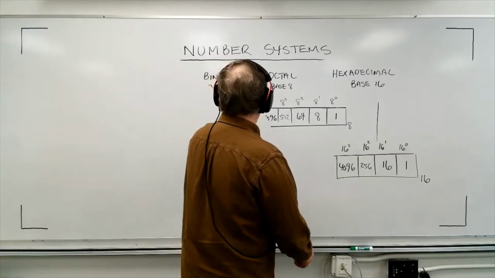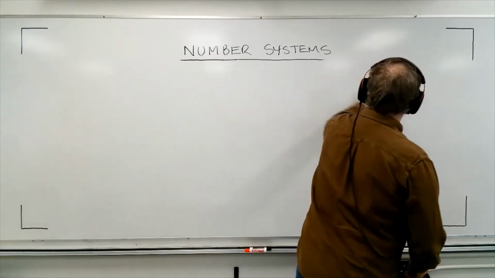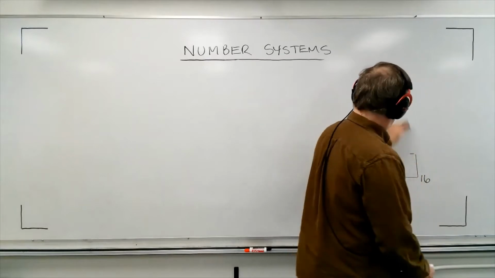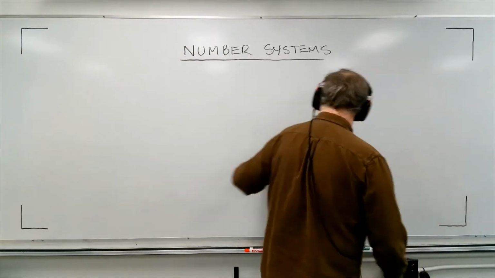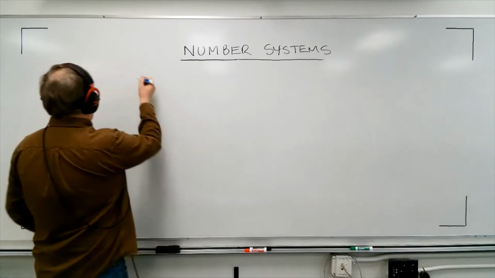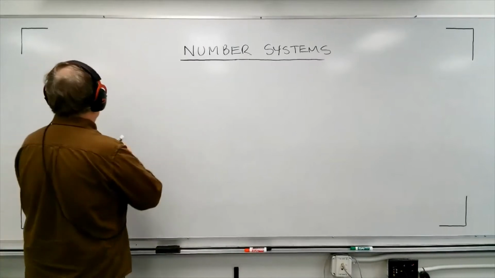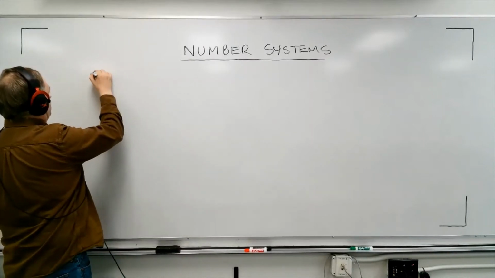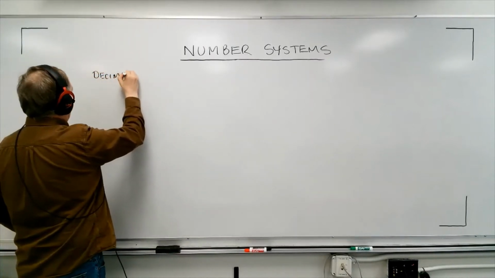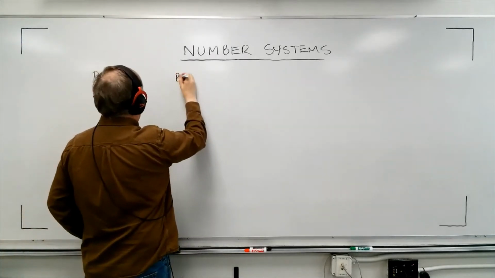So let me get rid of this. Of course, decimal, we don't need as much review of that. So decimal is going to be over here. Okay, no problems there. I'm going to start with binary.